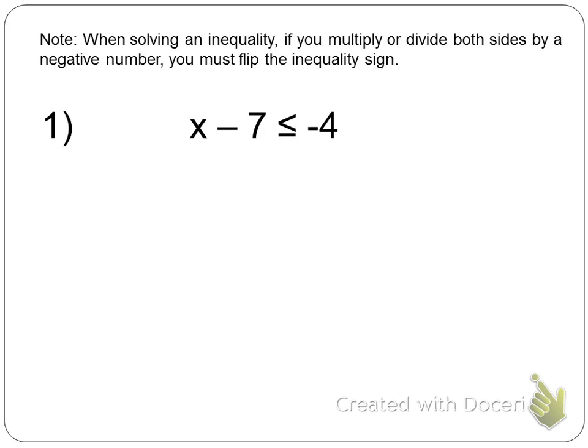Here's example 1. Now, if that was an equal sign, what would you do? You would add 7 to both sides. Guess what we're going to do? Add 7 to both sides.